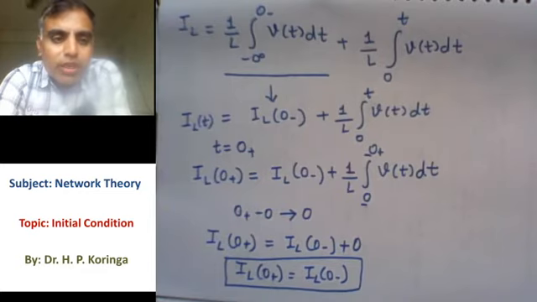So whatever the current passing through the inductor at t equal to 0 minus, the same current will pass through the inductor at t equal to 0 plus. Means whatever the current in the inductor before the switching last moment, after switching, at the first moment, the current passing through the inductor is as it was before the switching last moment.